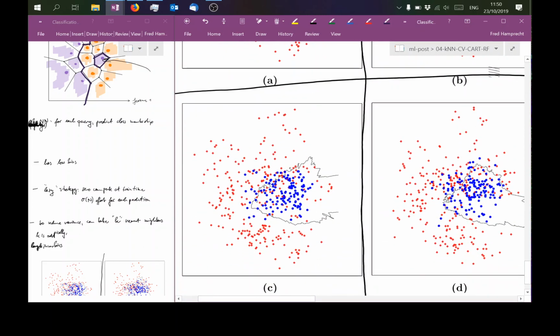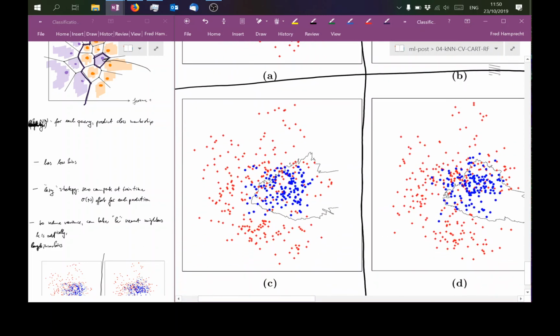Now, going to the 41 nearest neighbor classifier, these tiny islands have disappeared, and they sort of agree in the high density region, but not perfectly. So we get a broad agreement in the area where we have rather many training points.